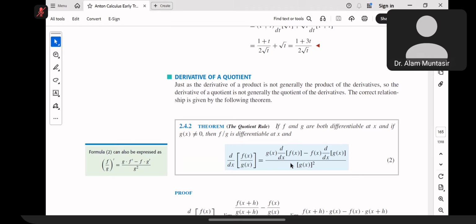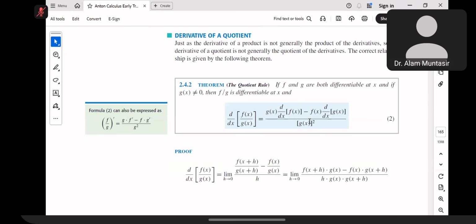That means in such a function, we have a numerator and a denominator, and the ratio of this function is known as a quotient function. And the rule is d/dx of f(x)/g(x) equals g(x) f'(x) minus f(x) g'(x), divided by the whole square of g(x).